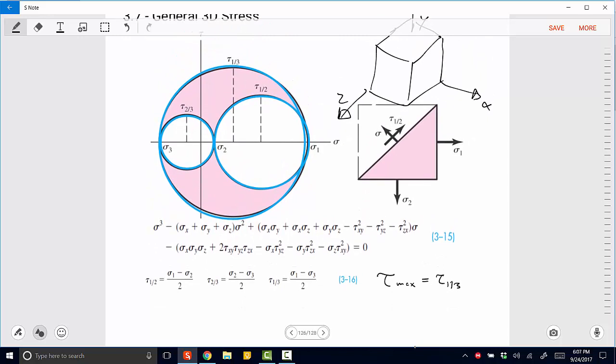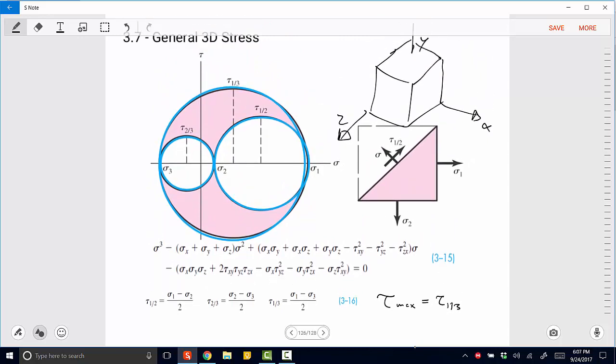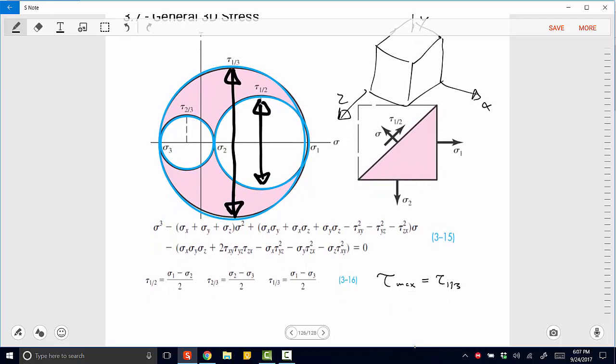So when we're looking at our 2D problem and we find our shear stress, we call those extreme value stresses, because technically they don't necessarily represent the maximum shear stress that exists in our 3D geometry, right? So our maximum shear stress is something that we may have not found when we're dealing with our 2D problems.